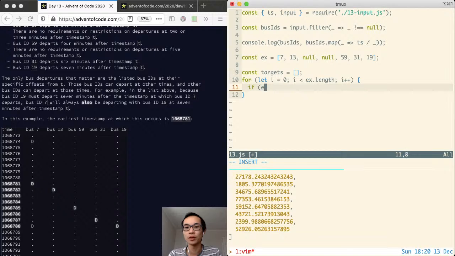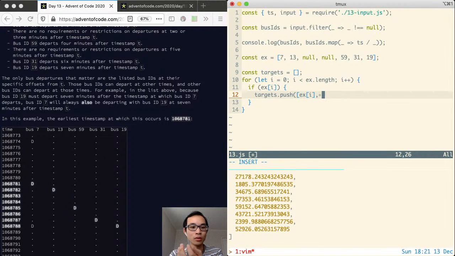If xi, what do we want to do? Targets dot push xi, which is the 7, and then we want the result of the mod, right?